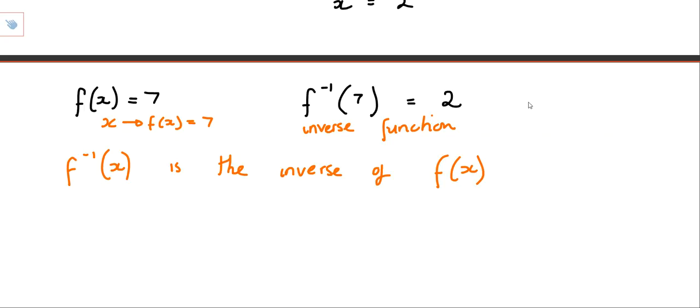Now the inverse function is saying that if I put 7 into the inverse function, I get the answer 2, which I know is what I had to put into the function. Does that make sense? So that's what that notation means. F to the minus 1 means it's the inverse function.